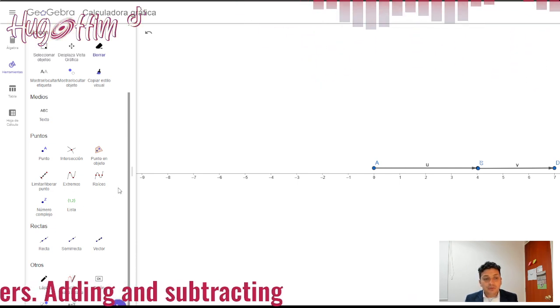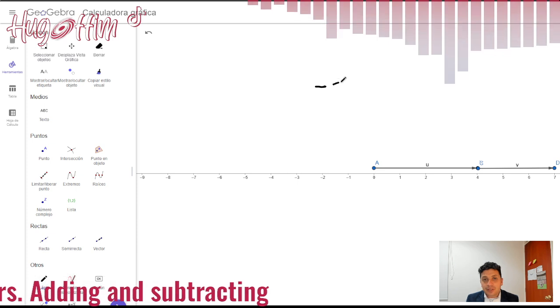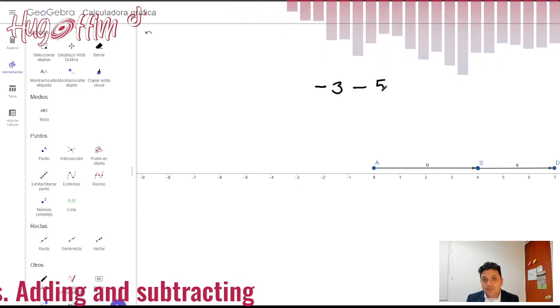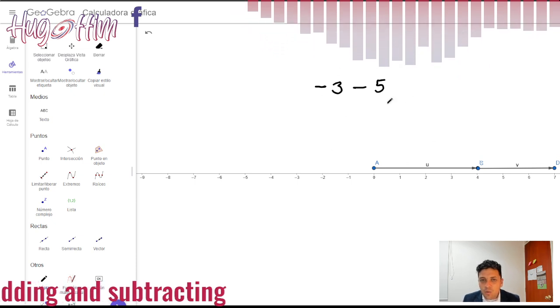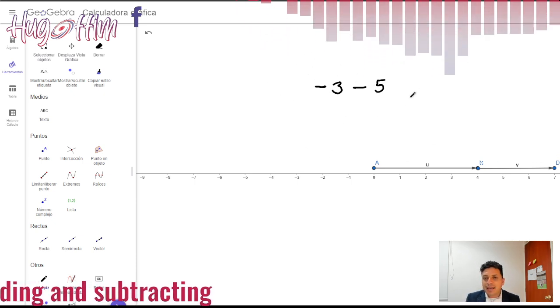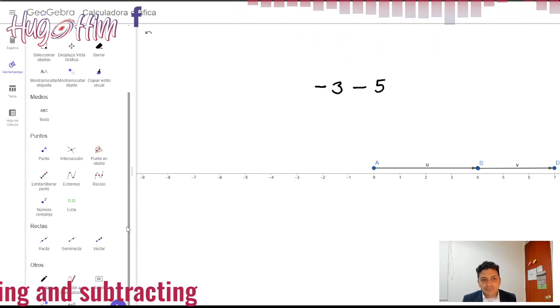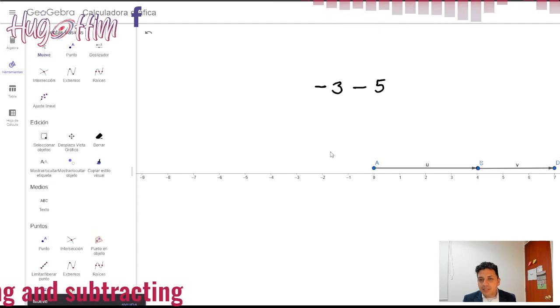I want to do this operation. Negative 3 minus 5. Let's imagine. I want you to think what will be negative 3 minus 5. Pause the video and think.